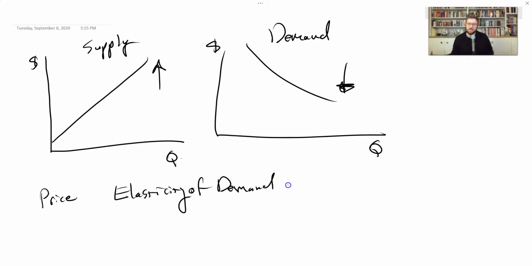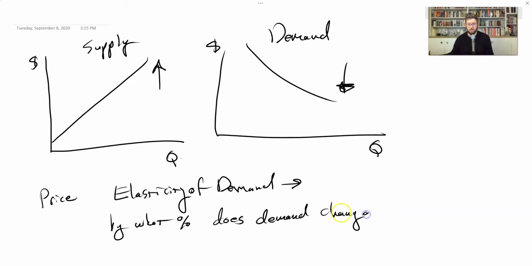So the price elasticity of demand intuitively means by what percent does demand change when price changes by, say, 1%. That's an approximate definition, but it gives you the intuition, okay?